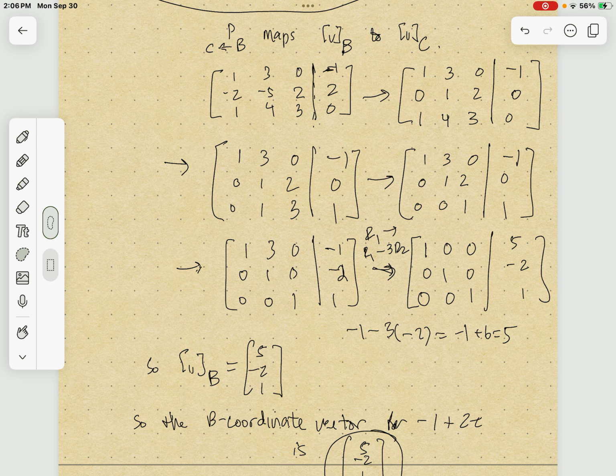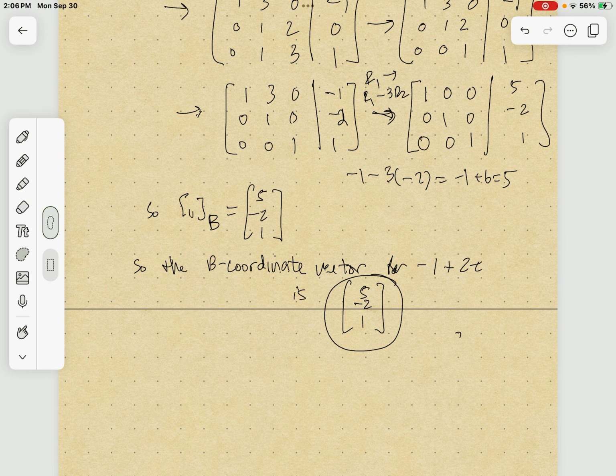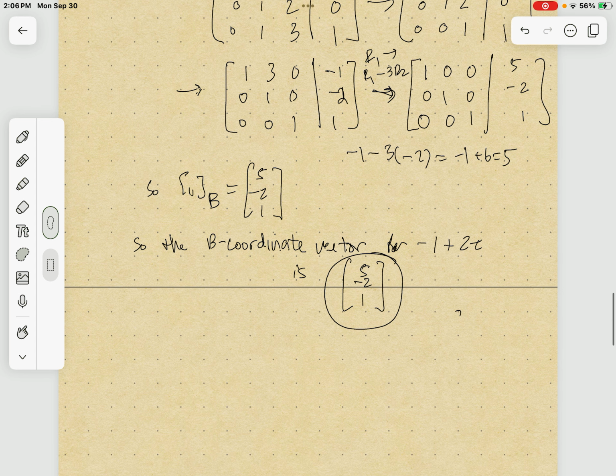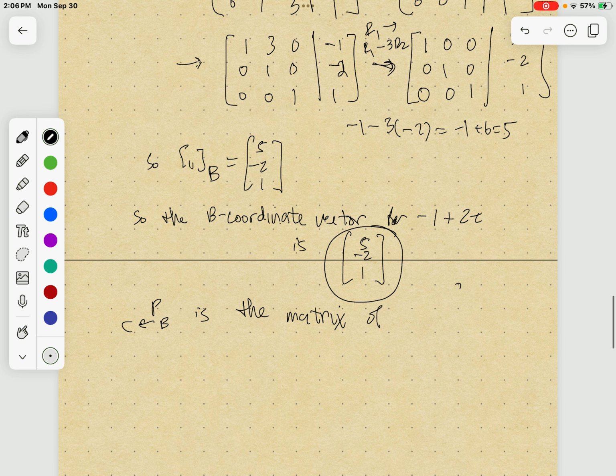Oh yeah, and one thing I should probably add before I stop is that this is related. So recall that when you have a linear transformation and you have a basis for the domain and codomain, then you get a matrix from it. Now this matrix, the change of basis matrix, is the matrix of the identity map.